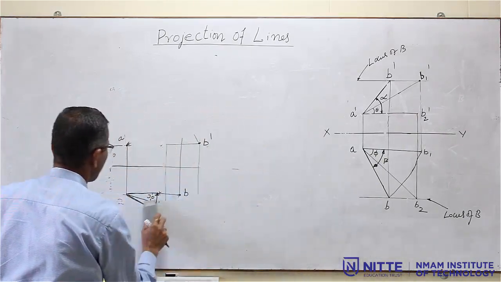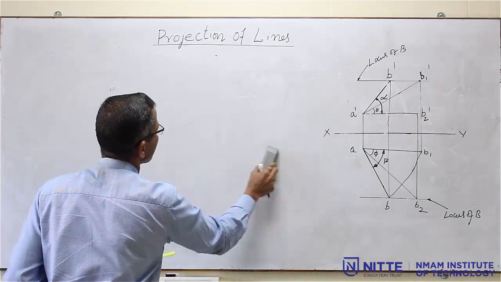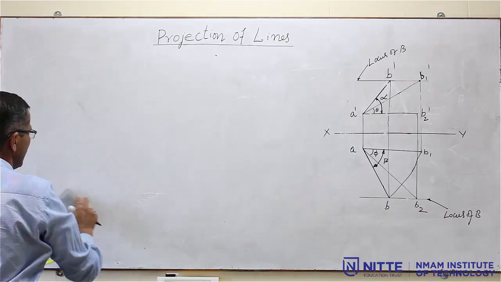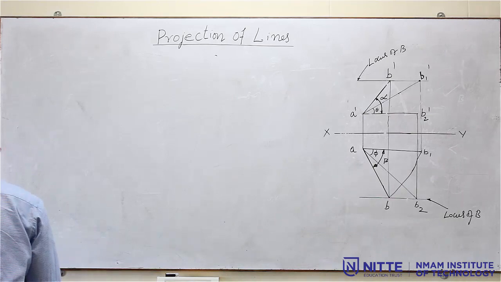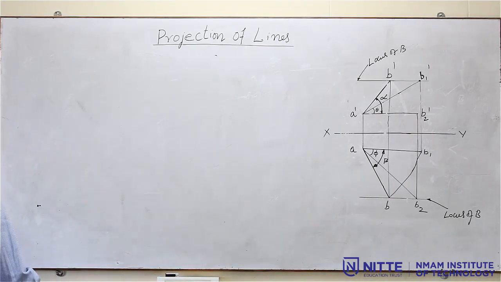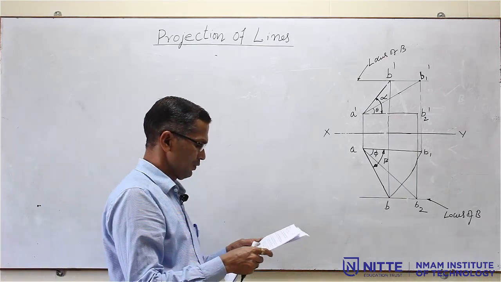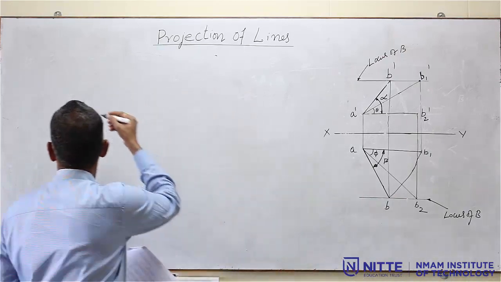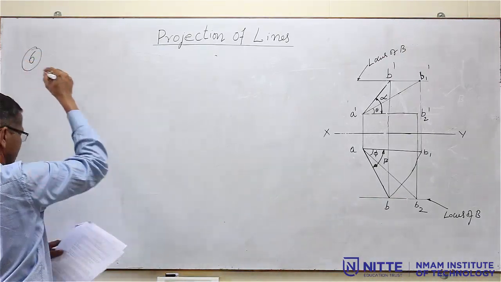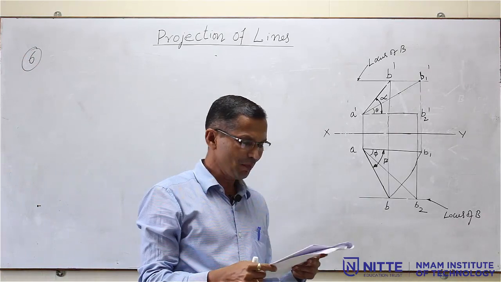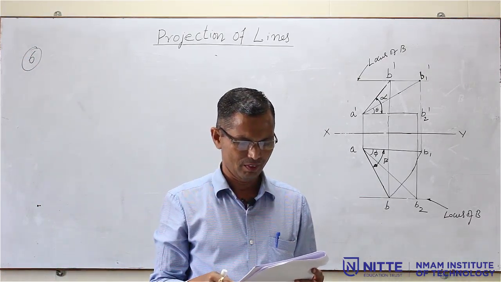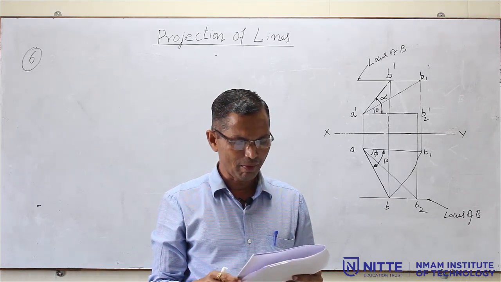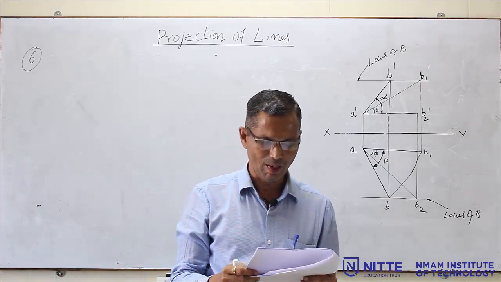Now, we will move to the sixth problem. The distance between the end projectors of a line AB is 50 mm.